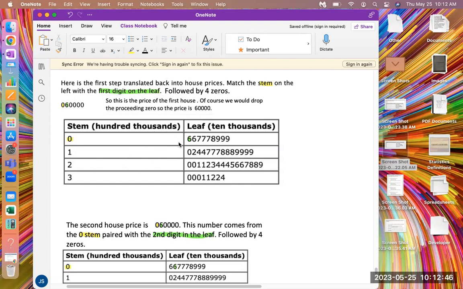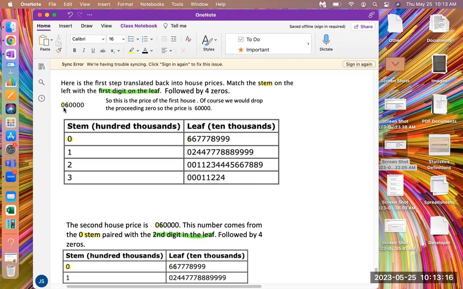These are house prices, by the way. So the way that you would find the first house price would be you take the first stem in the first row on the left, and you pair it with the first leaf on the right. So it's this yellow 0 with this green 6.